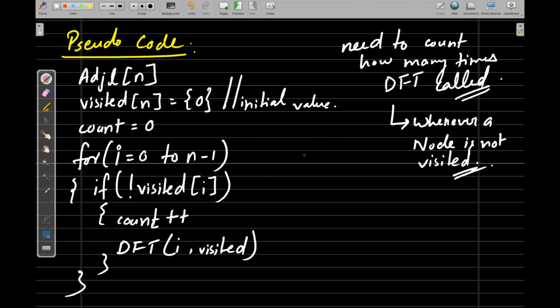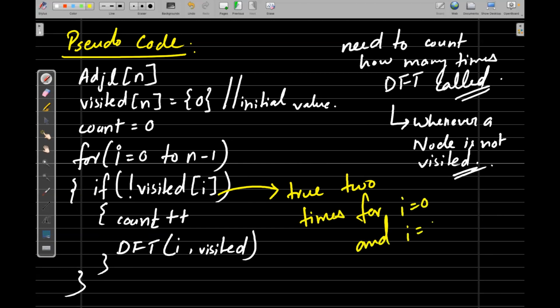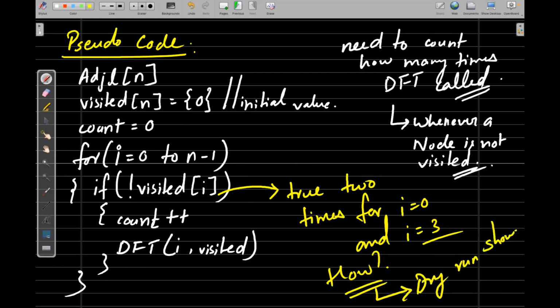So in this case, DFT will be called two times, for i equals 0 and i equals 3. How? Try to run it on your own. I already showed you the dry run. Now write the code for DFT on your own.